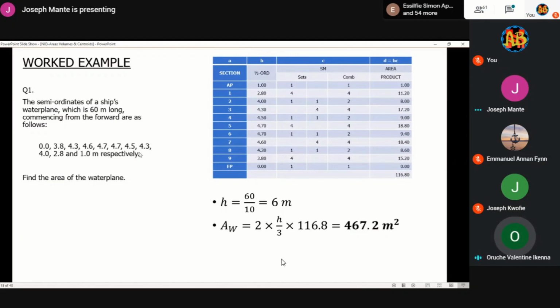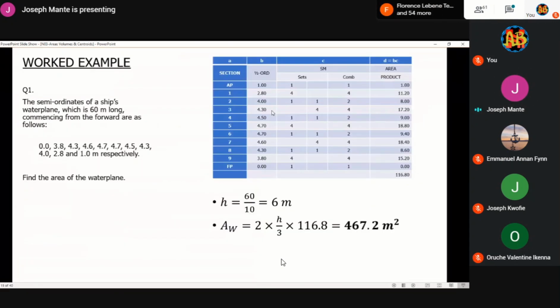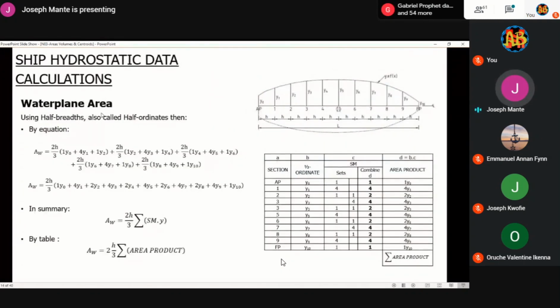Sir, please, can you go over how you got the h? All right. The h, I said, is the intervals. In the question they said 60 meters long. So how did you get your sections? How did you divide the ship into 9? It is up to you to divide the 60 meters into equal sections.